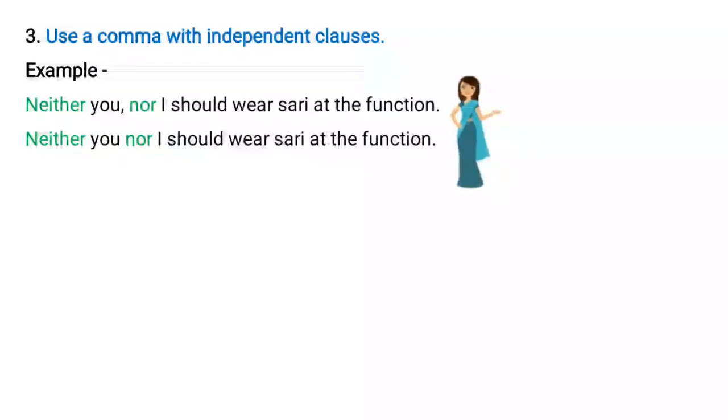Neither you nor I should wear sari at the function. Now here, just notice the use of comma. Now this sentence is wrong. And in the second sentence, you will notice that both the subjects, you and I, are dependent on the same verb, that is wear. That is why we do not require a comma here.